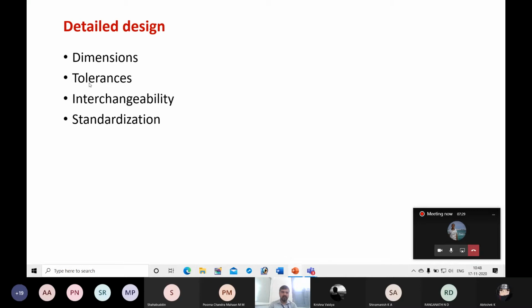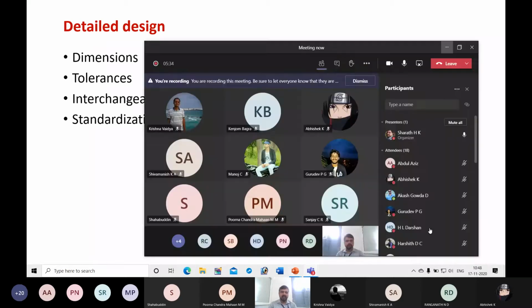Now, consider tolerances. Why do you need to specify tolerances for any drawing? What do I mean by tolerance? Abdul Aziz, what do I mean by tolerance?